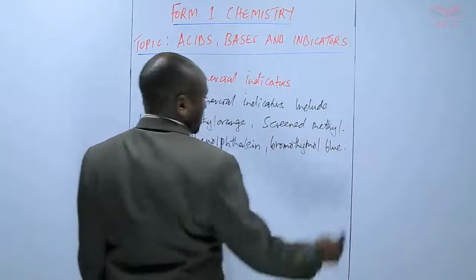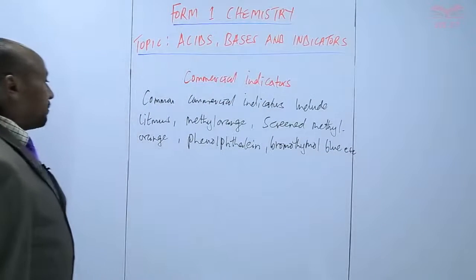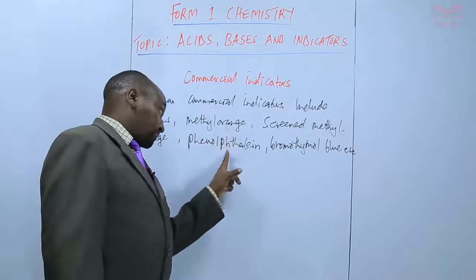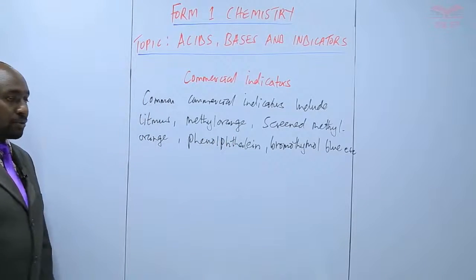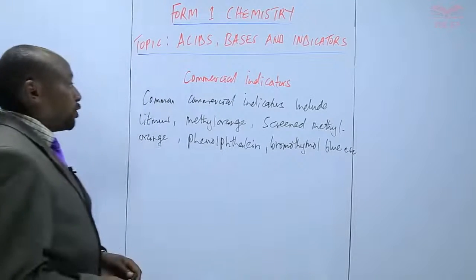All those are commercial indicators, but we'll mainly mention litmus, methyl orange and phenolphthalein because those are the common ones that we actually use.